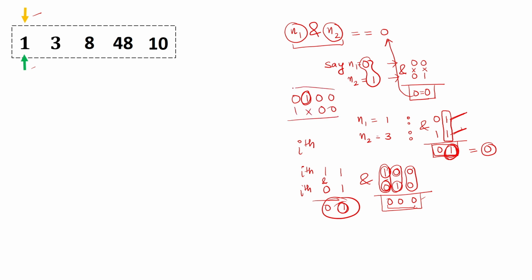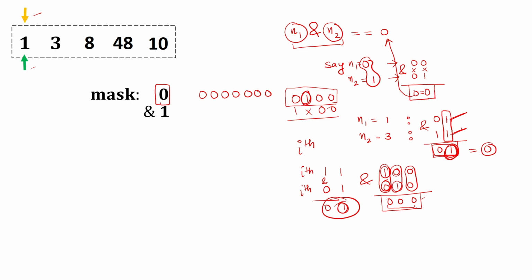So this suggests that I need to maintain some kind of a mask that keeps track of the positioning of ones that I have seen previously. So I create a mask. This mask is a dummy element of all zeros. So this is the number 0. What is its binary representation of all zeros? That means every position is free to be taken up by the next element, whatever comes.